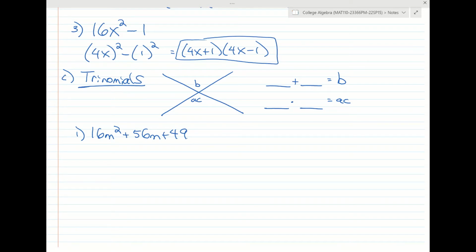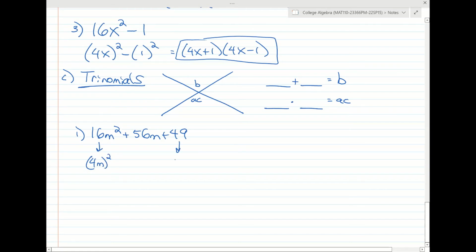One thing that we could do is we could do 16 times 49, but we also talked about another type of factoring that we could do here. If you notice, 16m squared is the same thing as just 4m to the second. 49 is 7 to the second. And 56 is 2 times 4m times 7.